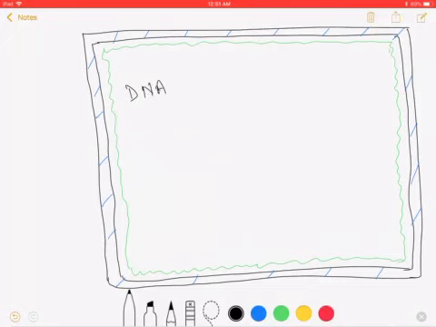And if you remember basic molecular biology, the central dogma of molecular biology is this: the DNA makes its own DNA, and this process is called replication. Then your DNA forms RNA, and this process is called transcription.